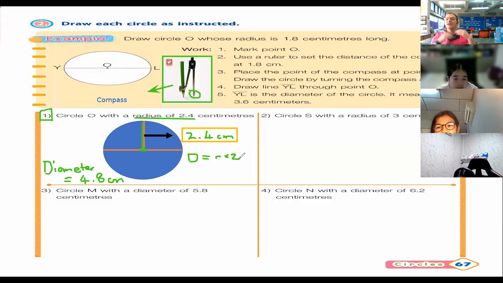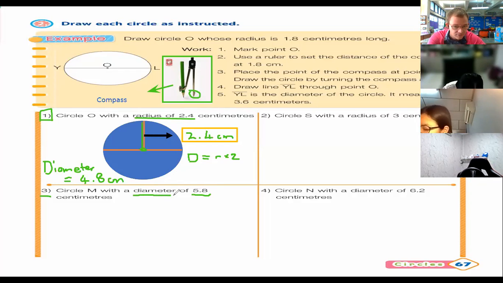But if we have the diameter, let's look at number 3 at the bottom here. They ask us to draw a circle with a diameter of 5.8 centimeters. Now, to draw a circle, we need the radius. We cannot use the diameter.